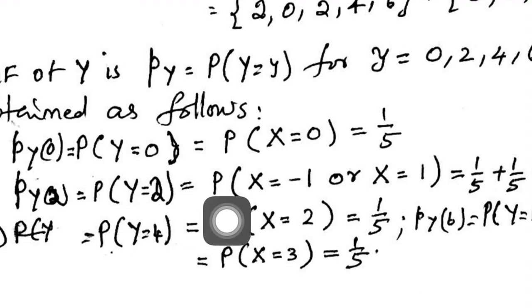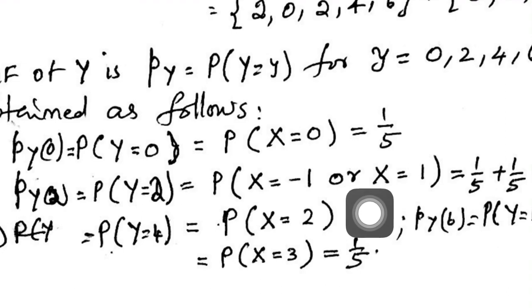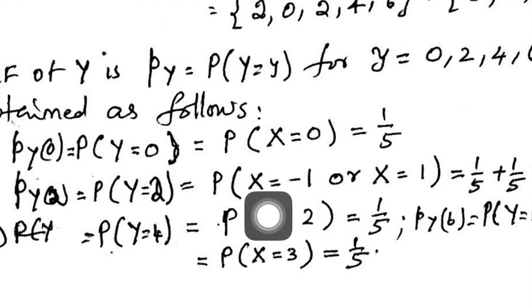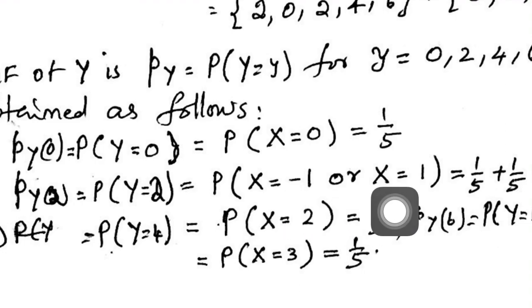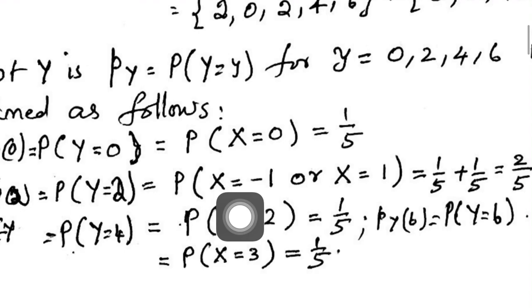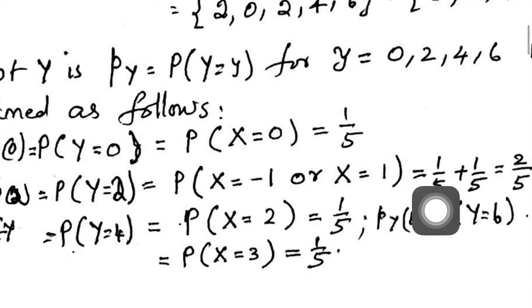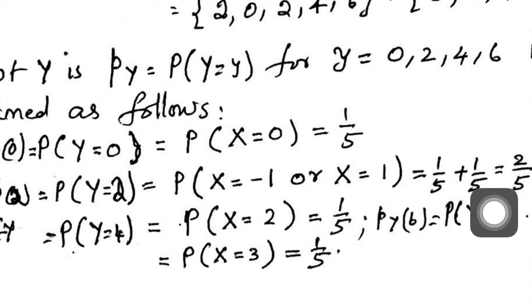Therefore, you have to utilize the probability that X equal to -1 and the probability that X equal to 1. You have to add them, because you can take either X equal to -1 or X equal to 1. So this is equal to the probability that X equal to -1, which is 1 by 5, plus the probability that X equal to 1, which is 1 by 5, which is equal to 2 by 5. So you are adding these things.